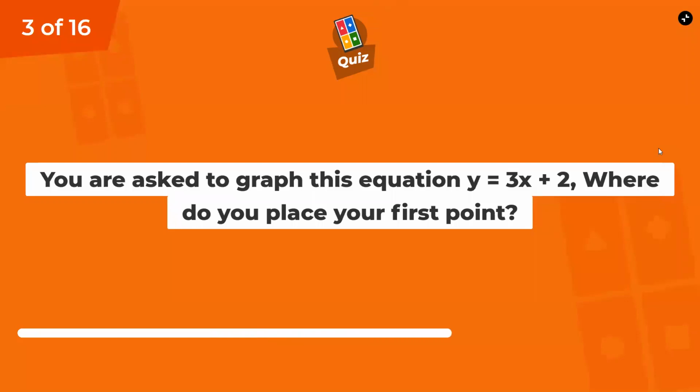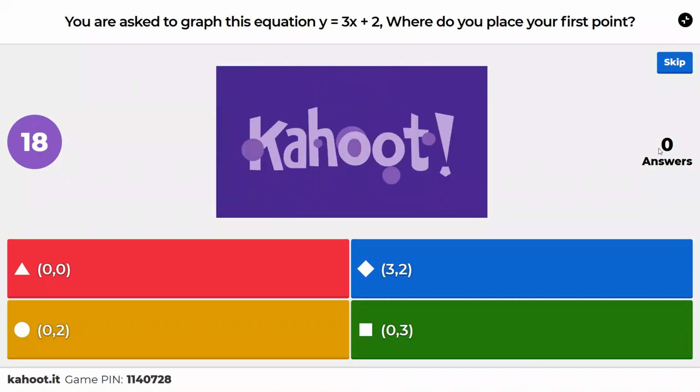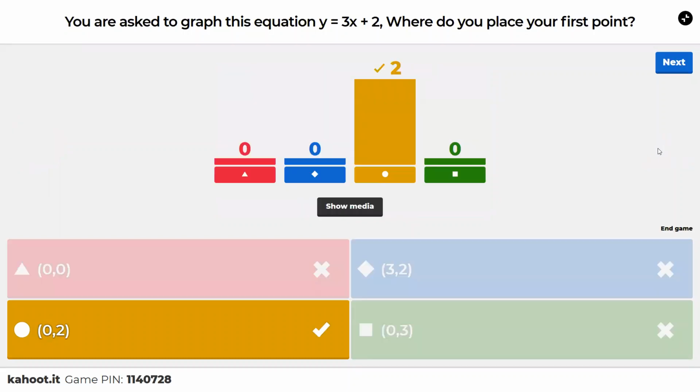Keeping you on your toes. You are asked to graph this equation. Where do you place your first point when graphing? Nicely done. Yep. 2 on the y-intercept. So 0 left to right and then up 2.